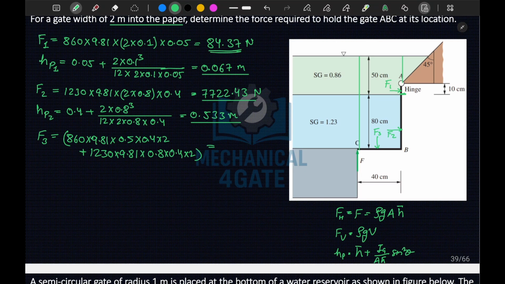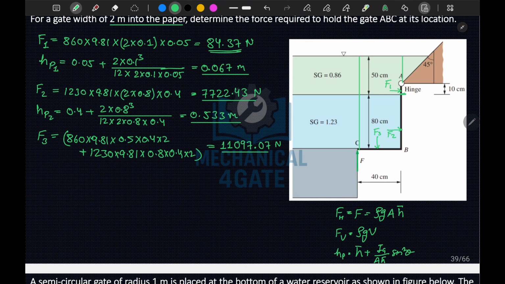Now multiply this by 9.81, and this comes out to be 11,097.07 Newton. This is your F3 value. And the center of pressure will be at this level only.